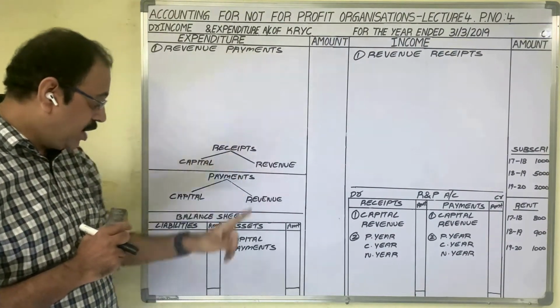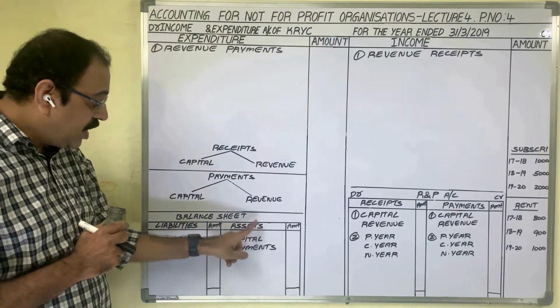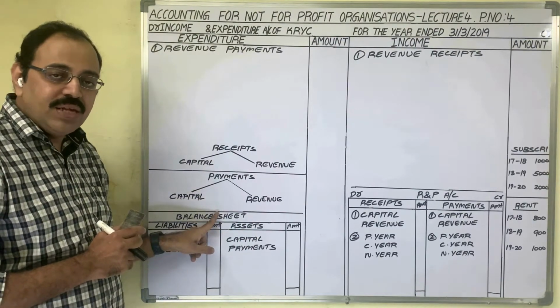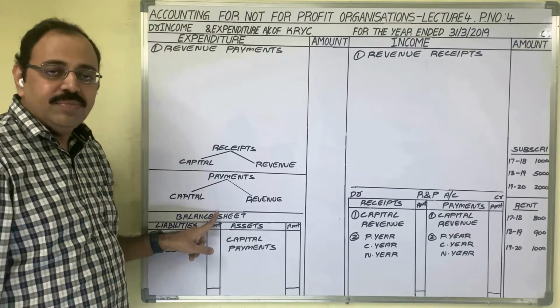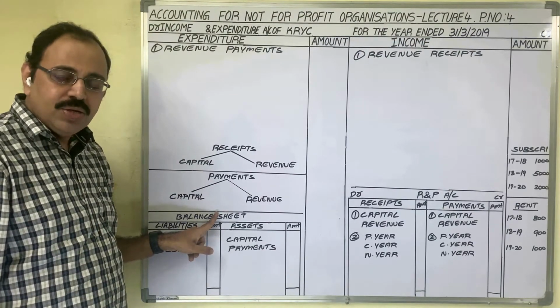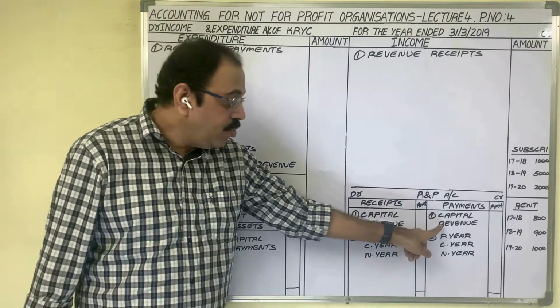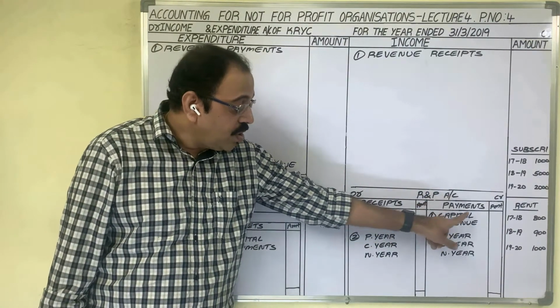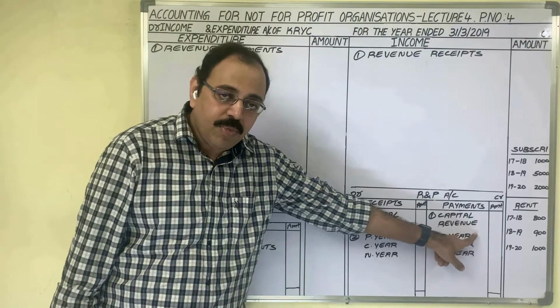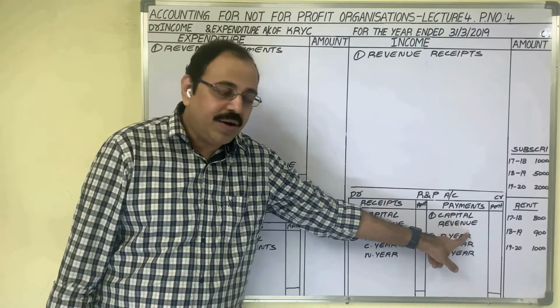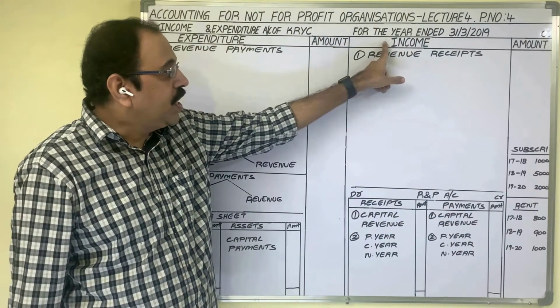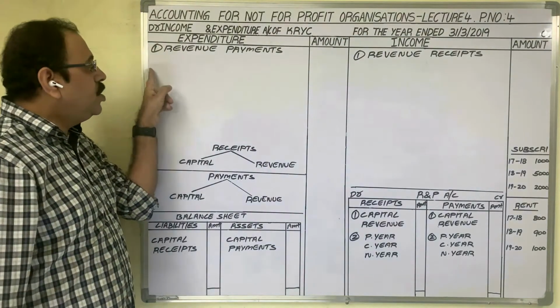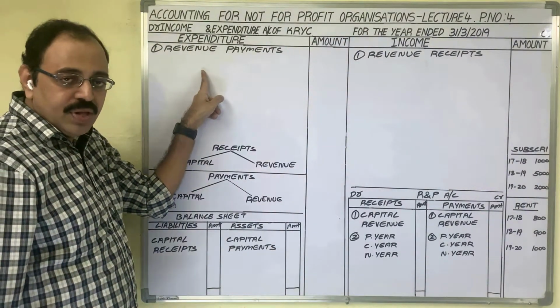Capital payments appear under the asset side of the balance sheet. For example, rent paid. Every month we pay rent. So it is a revenue payment. Therefore, in the receipts and payments account, on the payment side we should show that amount by rent, and in the income and expenditure account, on the debit side we have to show rent.